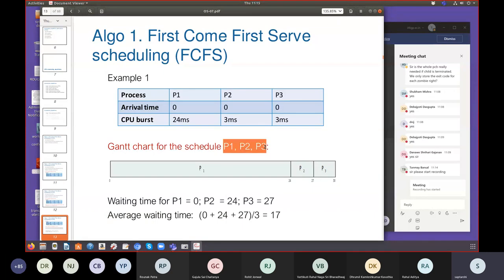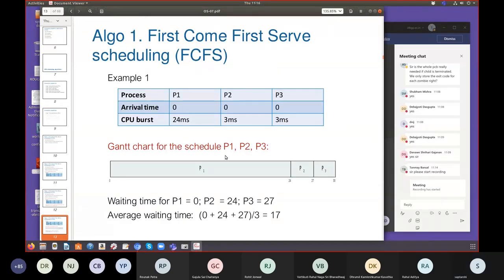Now the picture you see here is a Gantt chart. The x-axis is time, and this Gantt chart tells you which process will run at what time. So let's consider this schedule P1, P2, P3.